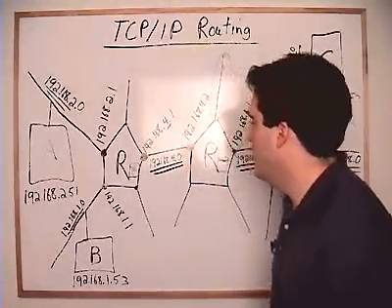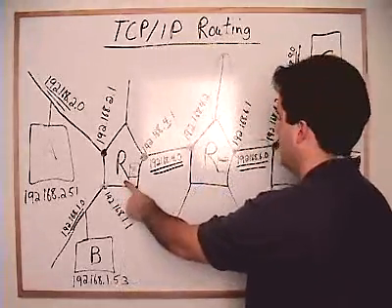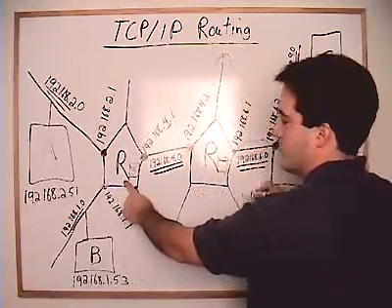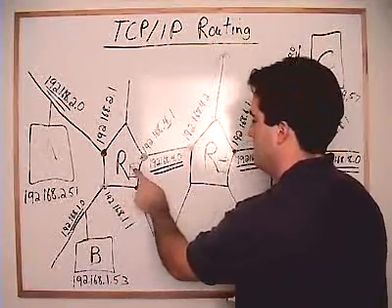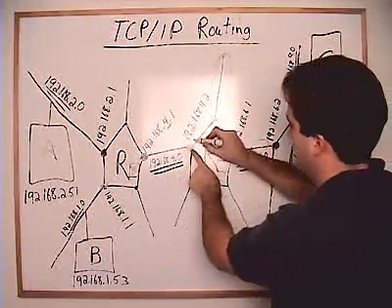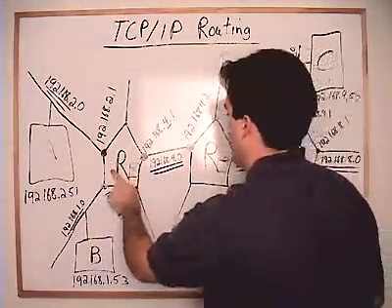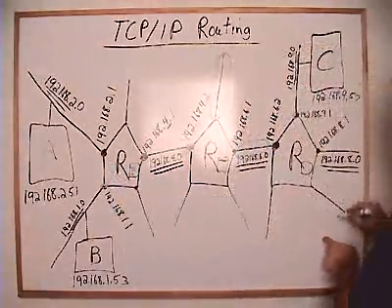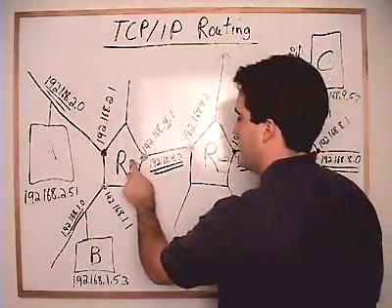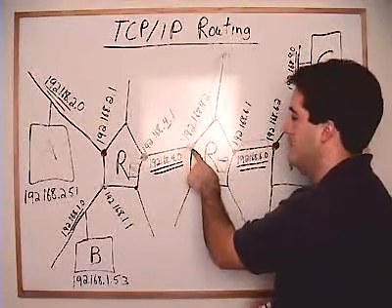So in review, what we've done then is for this router to get to any of these subnets, we add a static route here of that port, 192.168.4.2. For this router to get to any of these subnets, any of these segments, we add a static route again to right there.